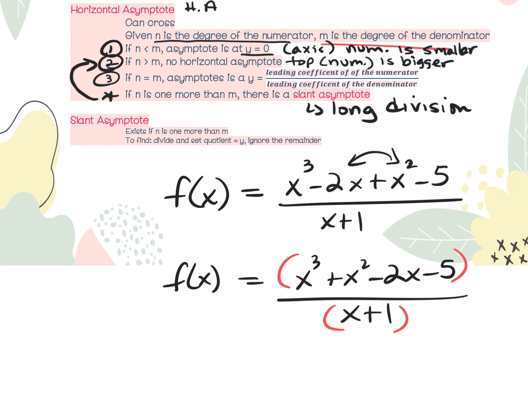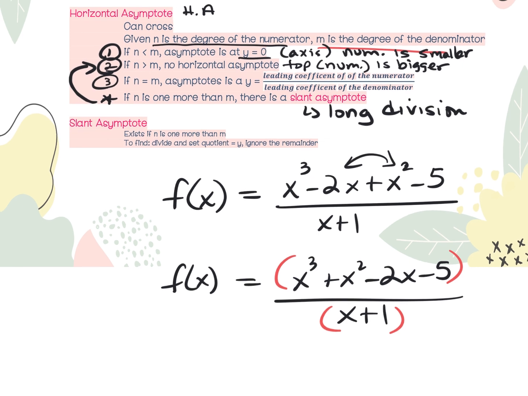But if you don't have that capability on your calculator, then you need to surround the numerator with a parenthesis, then hit the division, and then surround the denominator with a parenthesis. But for tonight's homework, you're going to show all this work. You're not using your calculator to calculate these asymptotes. So this is what we would do.